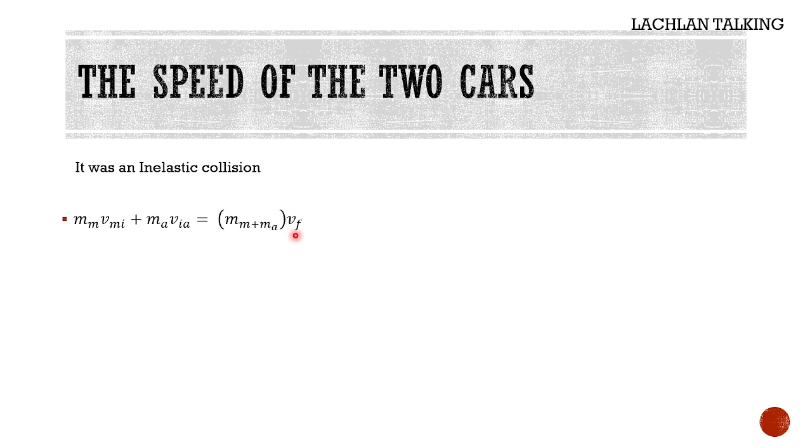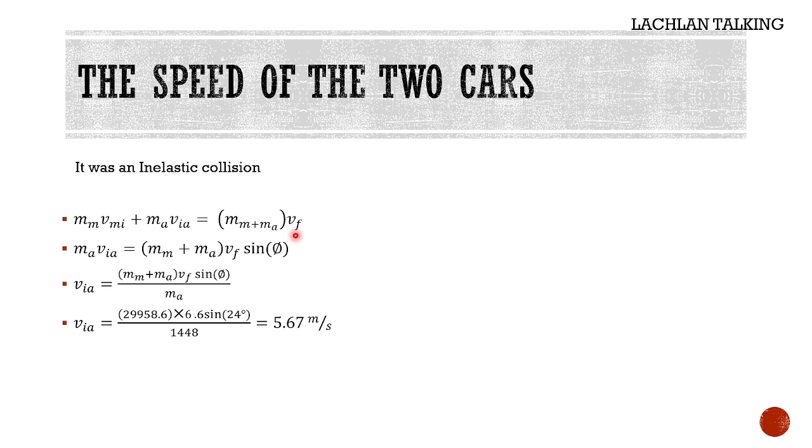So we know the final velocity, but now it's time to find the speed of the Audi, as they claim they were not speeding at all or don't have a velocity at all. So that'll be the mass of the Audi times the initial velocity of the Audi is equal to the mass of the Mitsubishi plus the mass of the Audi times the final velocity sine theta. Rearranging that, the initial velocity of the Audi is equal to the mass of the Mitsubishi plus the mass of the Audi times the final velocity sine theta over the mass of the Audi.